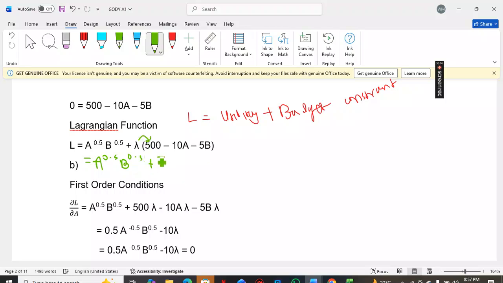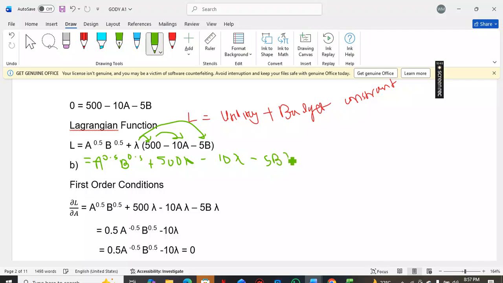Lambda times 500, you have 500 lambda here. Lambda times negative 10a, you have negative 10a lambda. Lambda times negative 5b, you have negative 5b lambda.